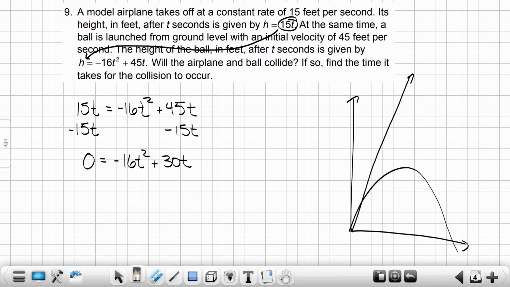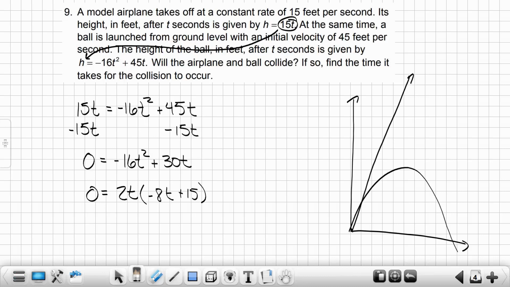T. These both have at least one t they can give up. This one can give up 2 t's, but this one doesn't have 2 t's to give up. Okay, well, you can give up 1, and this one can give up 1. So if I factor out 2t, and divide this by 2t, what would be left? Negative 8t. If I factor out 2t, what would be left? Positive 15t. No, just 15, sorry. Positive 15.